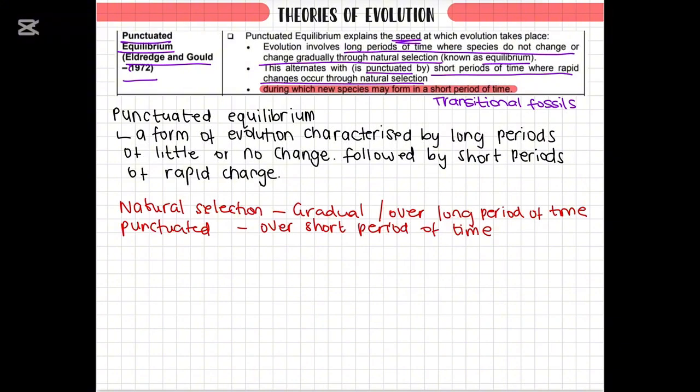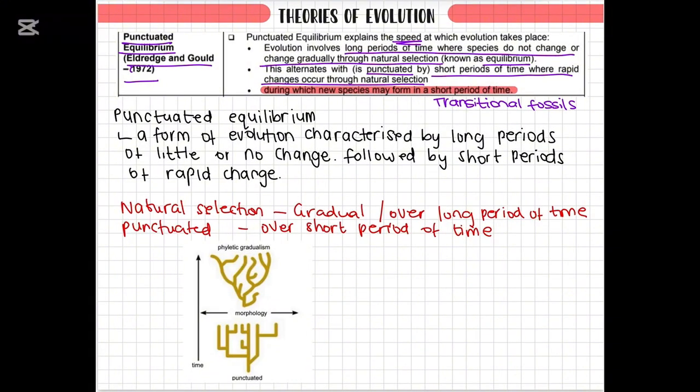Now, this is more diagram related. So let's have a look at this diagram here. It's just time versus morphology or structures. Now to analyze this diagram, we start from the bottom going up.